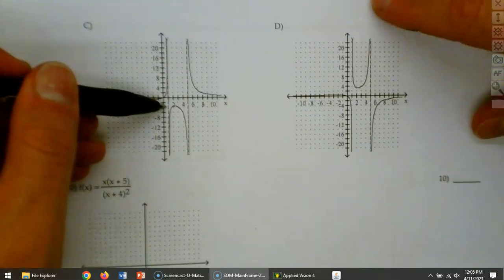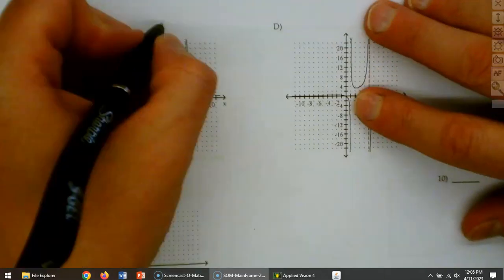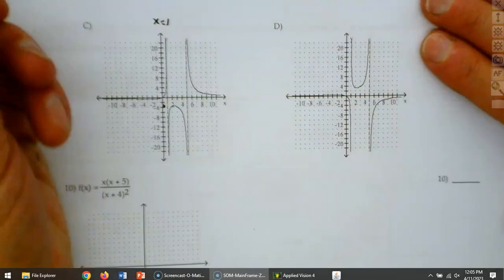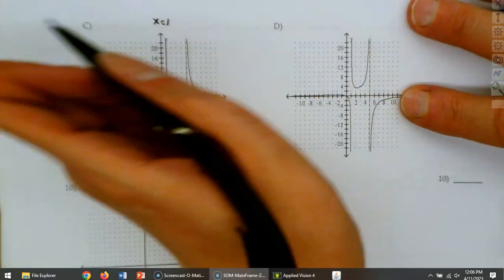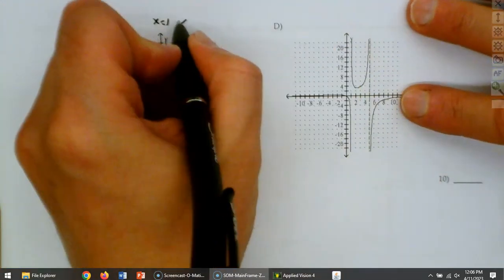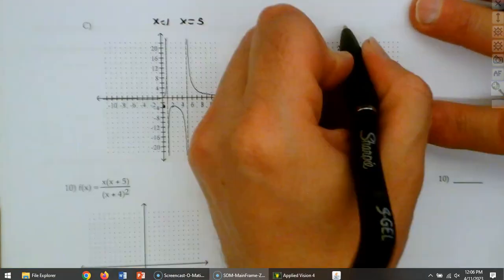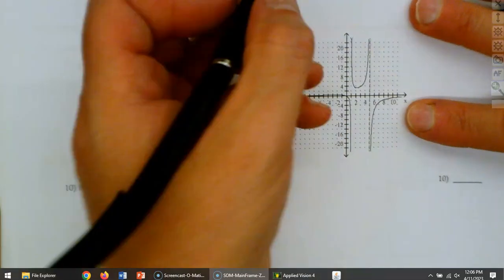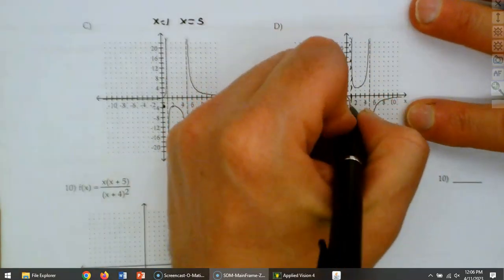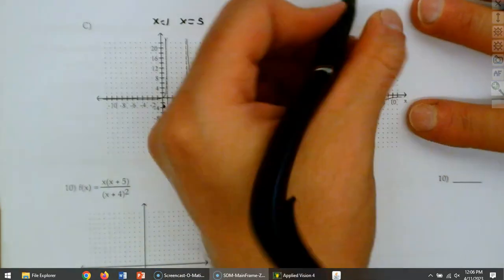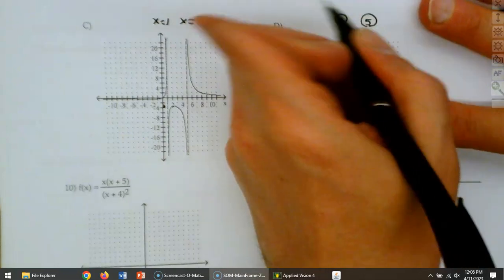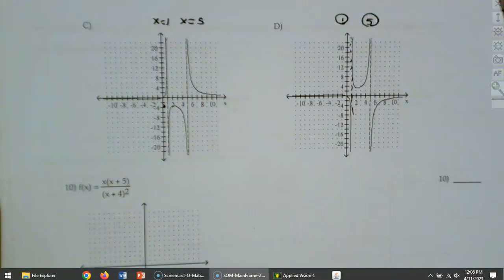Well, choice C, it looks like it could work because this is at about 1, and this one over here is at 5. And D could also work, right? Because if we look at it, it's at about 1 and it's at about 5. So, by finding the verticals, we took out one of the choices.